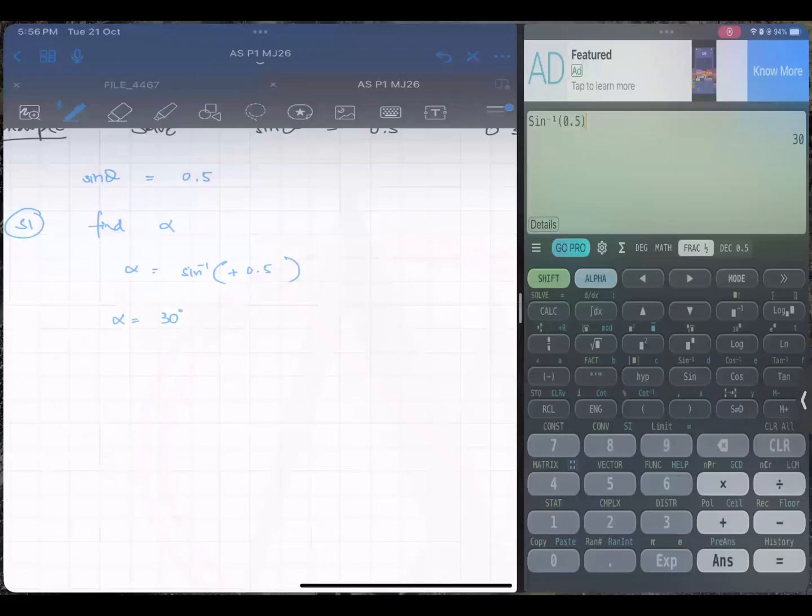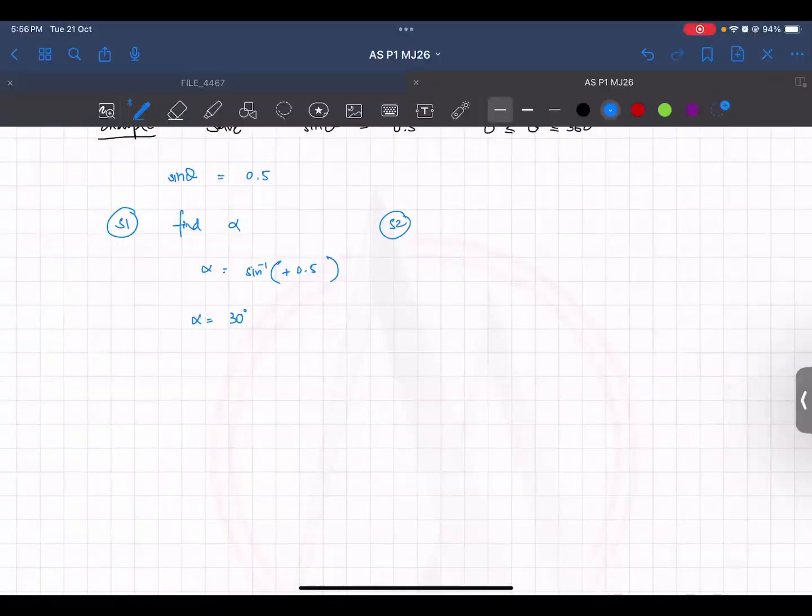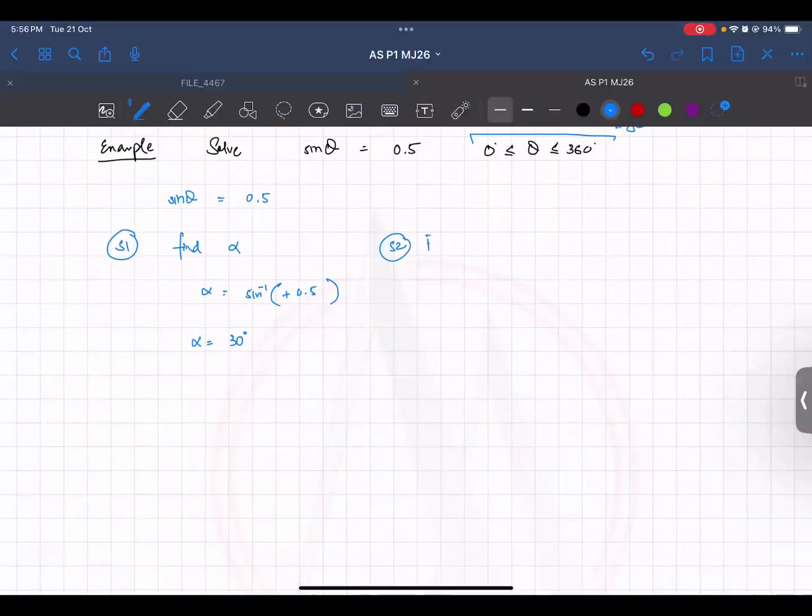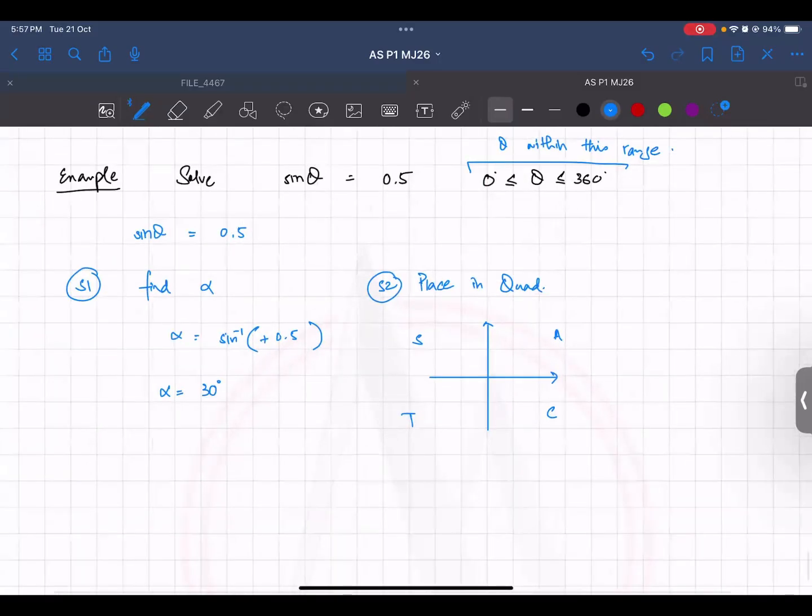And the second step, place in the correct quadrants. We know the quadrants are these: CAST. Right now we can see that the value of sine is positive, it is positive 0.5.